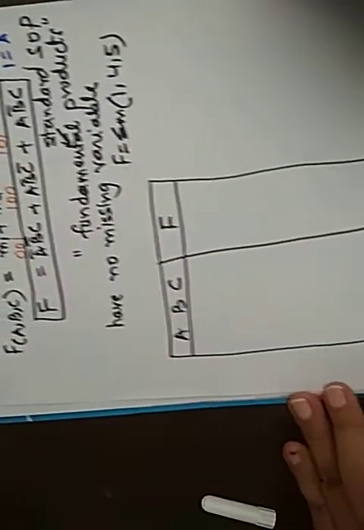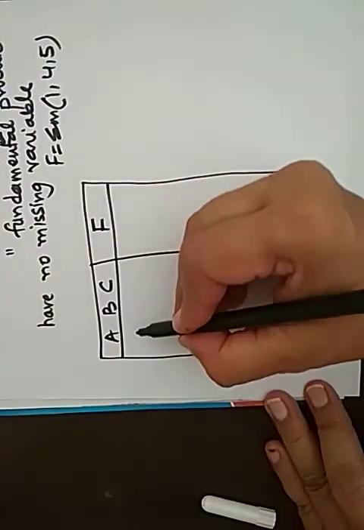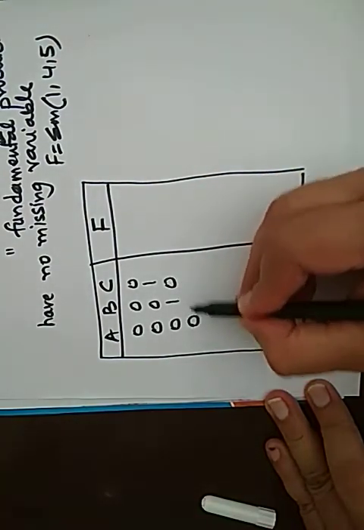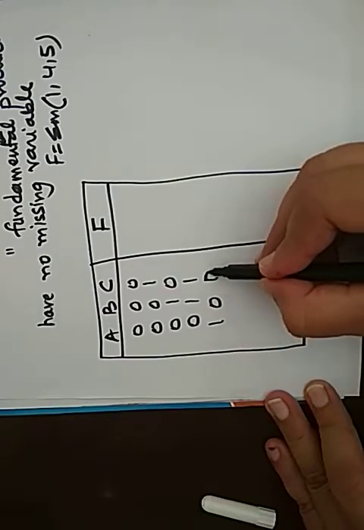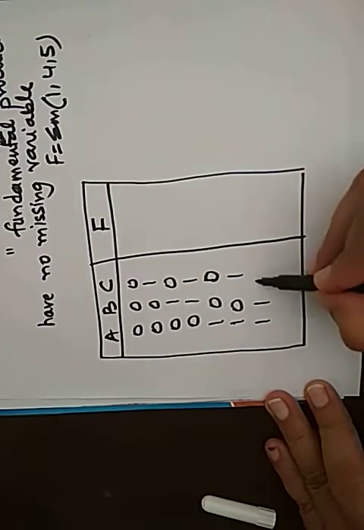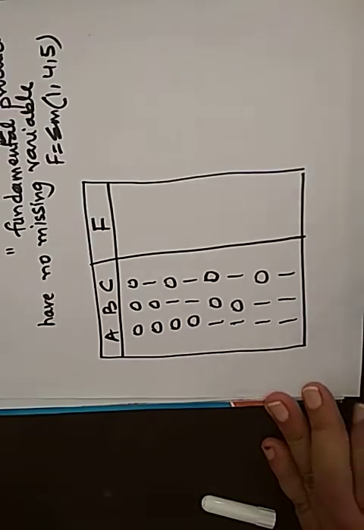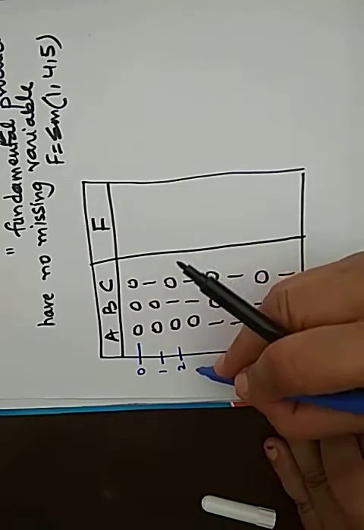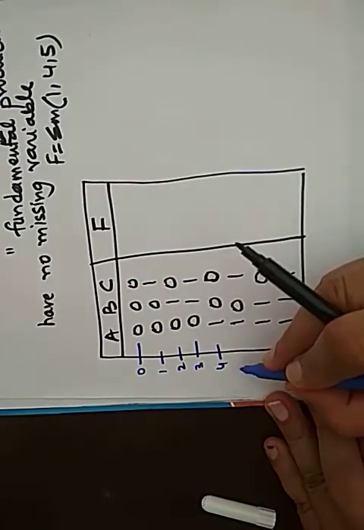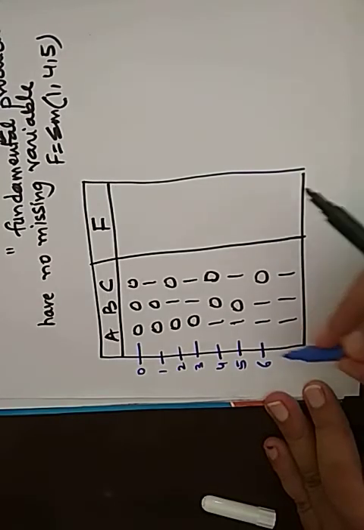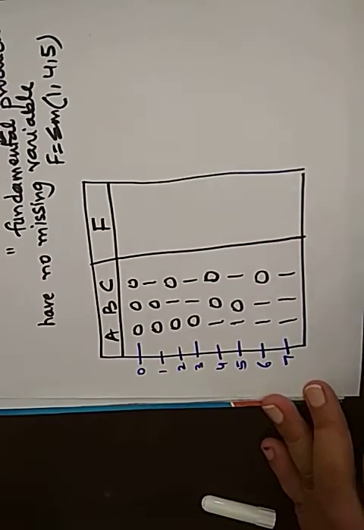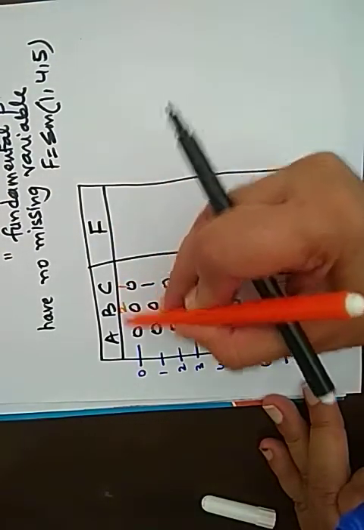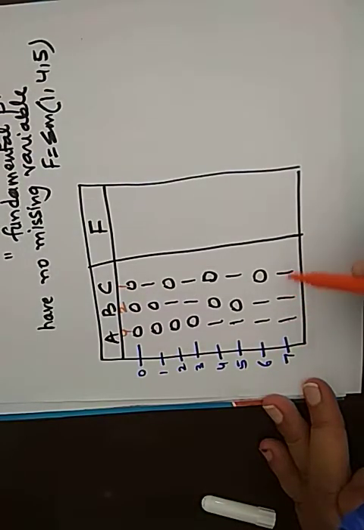So your 3 input truth table is 0, 0, 0, 0, 0, 1, 0, 1, 0, 0, 1, 1, 1, 0, 0, 1, 0, 1, 1, 1, 0, 1, 1, 1. These are written in sequence 0, 1, 2, 3, 4, 5, 6, and 7. How did we get this? By the Boolean weights 1, 2, 4. So 7 is 1 plus 2 plus 4.